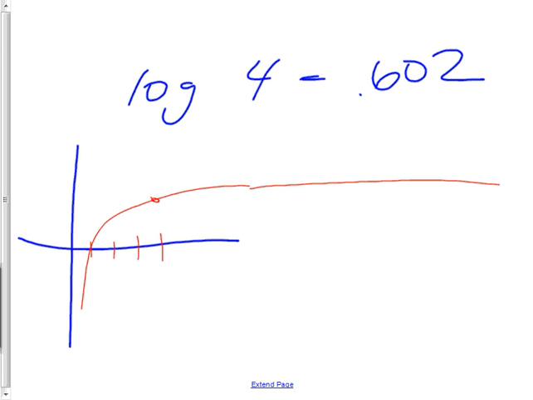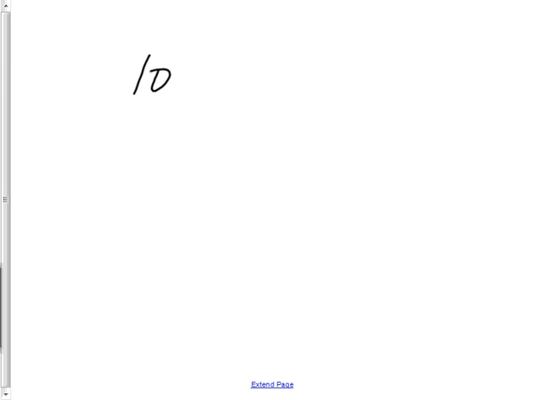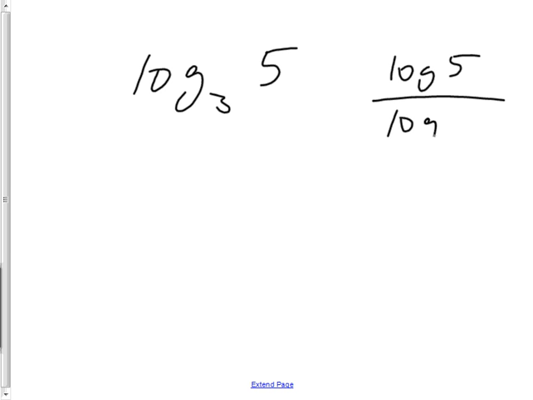And anyway, if you wanted to go log base 3 of 5, your calculator can't do base 3. So you've got to change it so your calculator can handle it. Your calculator can only do base 10. So you change it to log 5 over log 3.